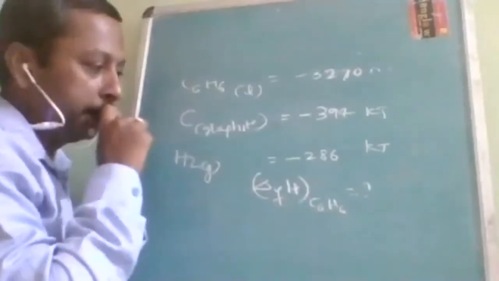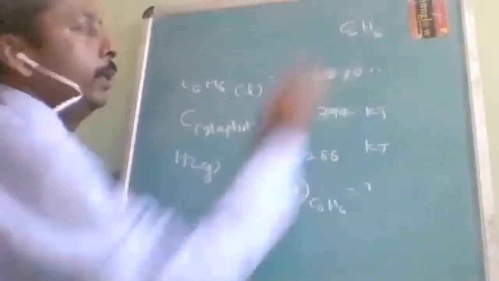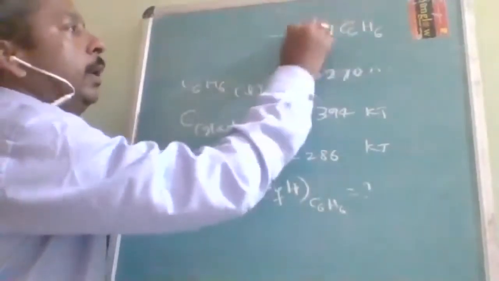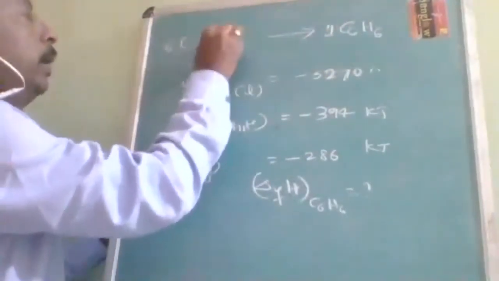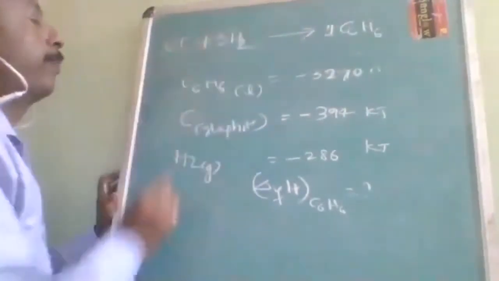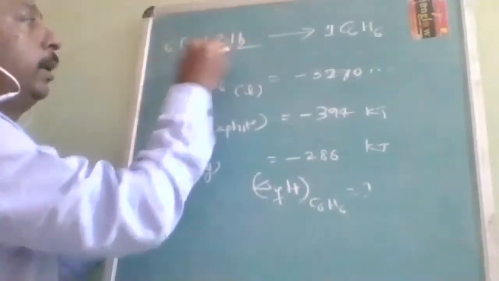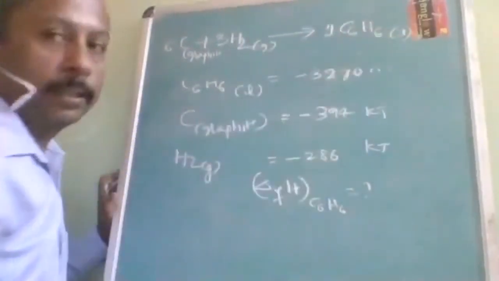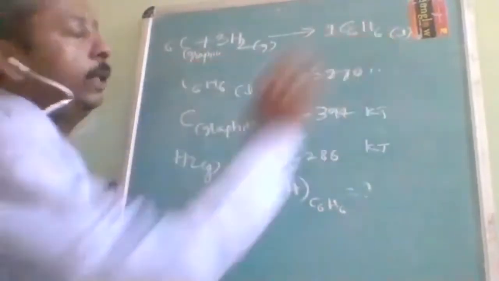Enthalpy of formation of C6H6: whichever we want to form should be written on the right side, as I told you in the theory session, and it should be 1 mole. 6 moles of carbon and 3 moles of hydrogen, and the carbon should be graphite. The hydrogen should be gaseous, and the benzene can be anything at room temperature, normally liquid. This is the equation we need to form.